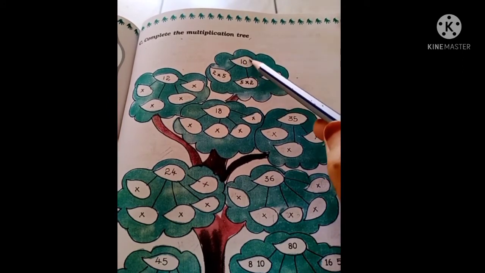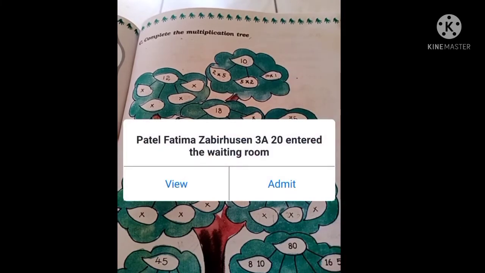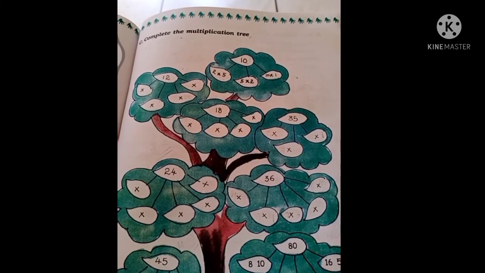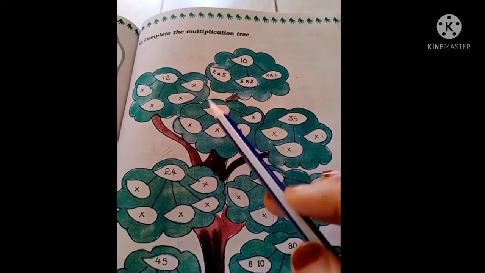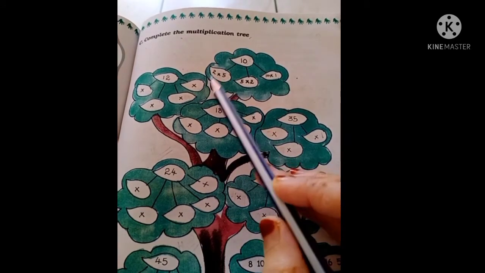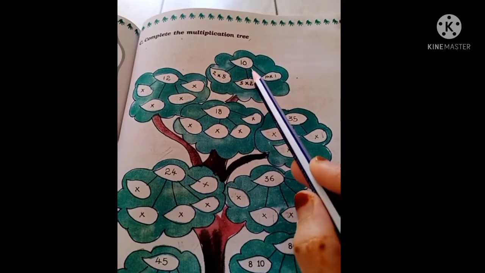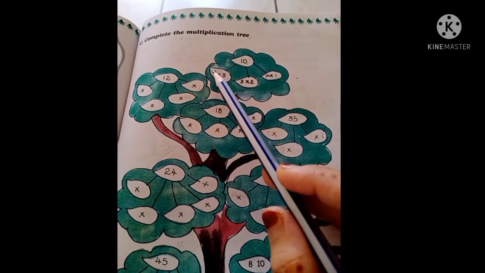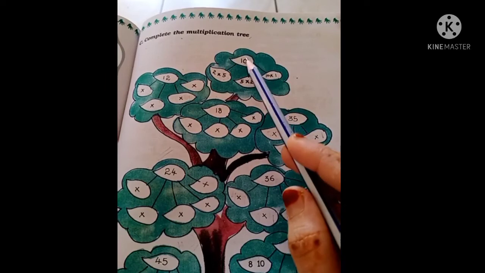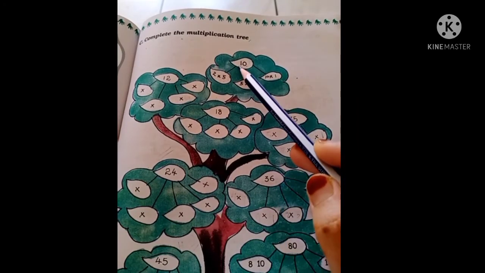For example, here the number 10 is given, right? So we have to find out in which table the number 10 came. So we know in the table of 2 we got 10, right? Like 2 5s are 10. So here you have to write down that multiplication statement for getting the answer 10, right?